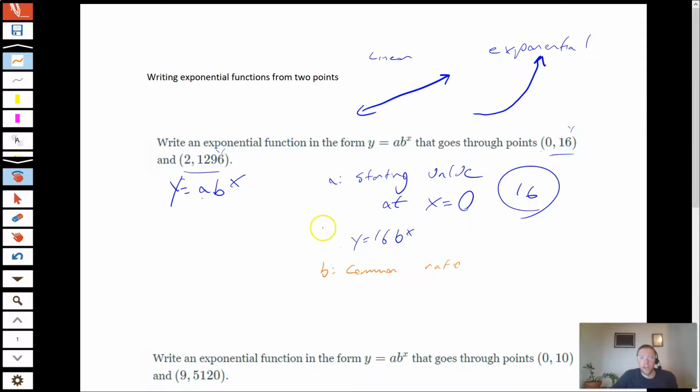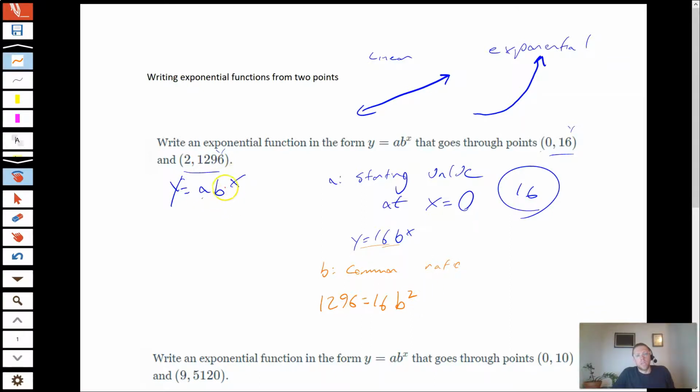So I know y equals 16 times b to the x. If I plug in my second point, I would say 1296 equals 16, and make sure 2 is your x, not your b, so 16 times b squared.